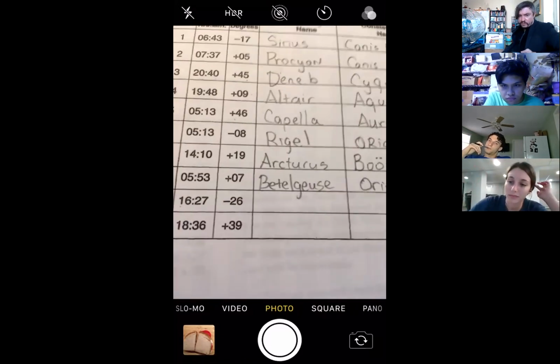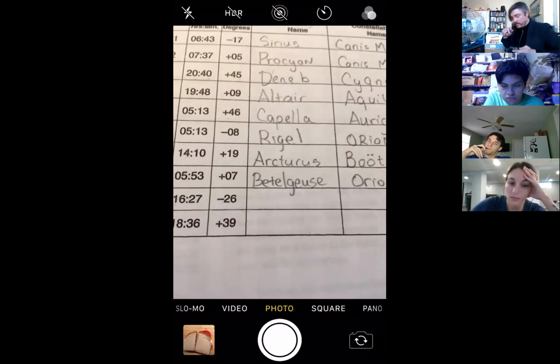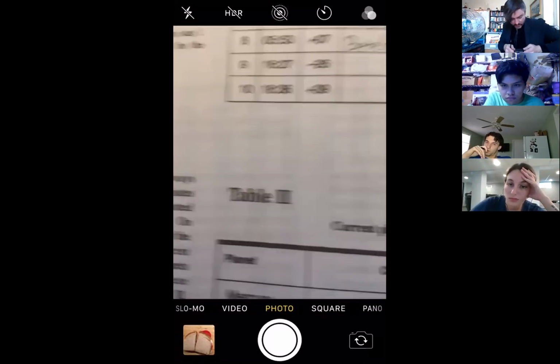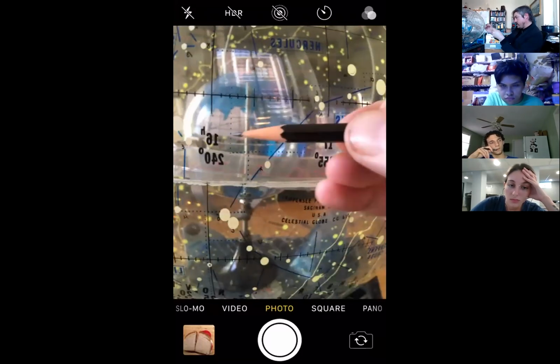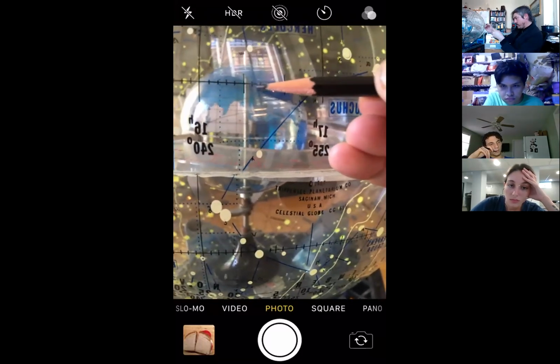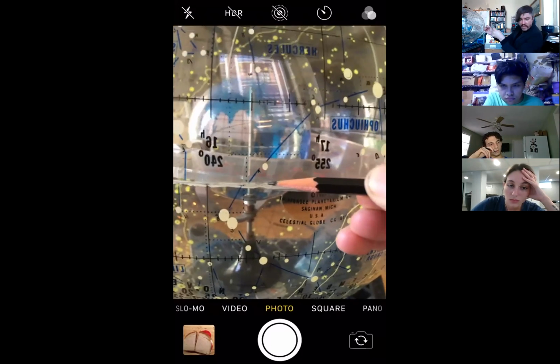Okay, 1627, negative 26. I'm sweaty. All right, 1627, negative 26. Let's rotate this around. 1624, 1628, and minus 26. Down 10, down 20, down 6.